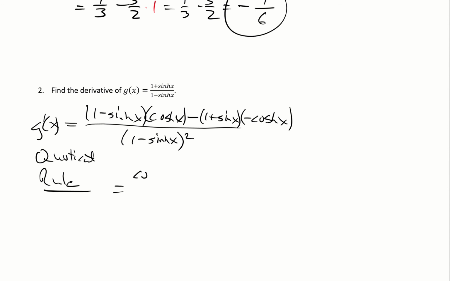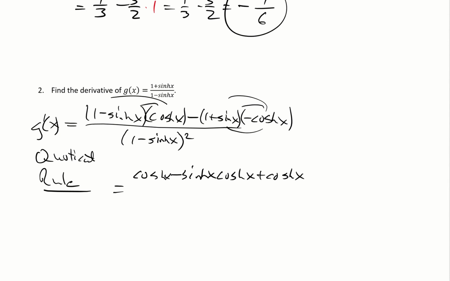So we get cosh, I'm distributing now, minus cosh x minus hyperbolic sine x times hyperbolic cosine x. Better be proper here. Now when I derive and when I distribute that, I get a double negative, so it's plus cosh x. And then this is right there.